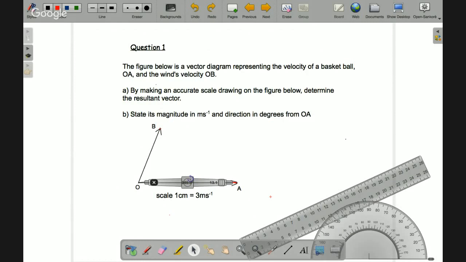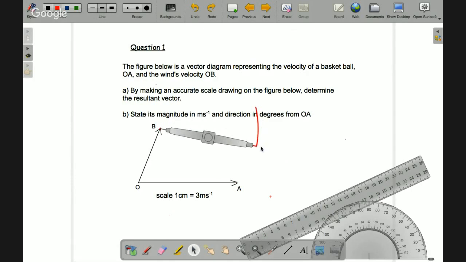So when we have that, we take the tip of the compass and we place it at B. And then we're going to just mark an arc.